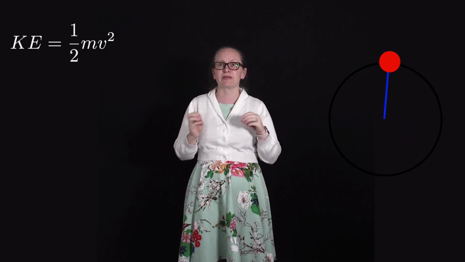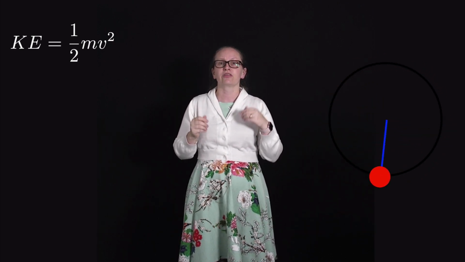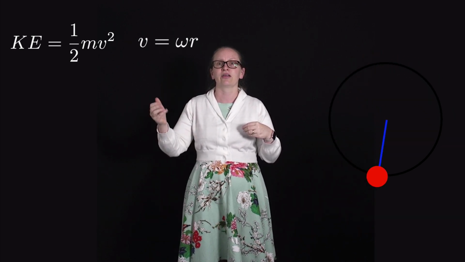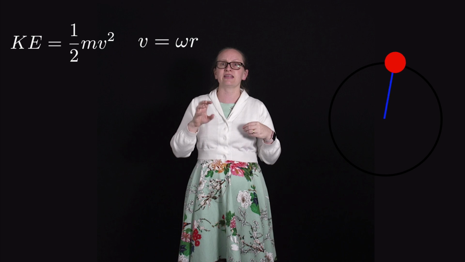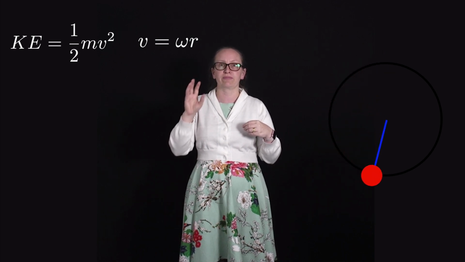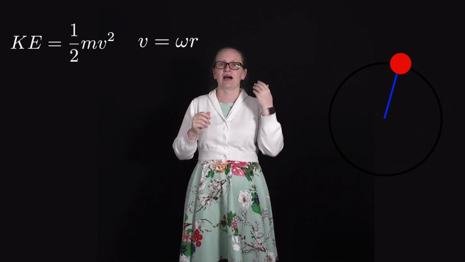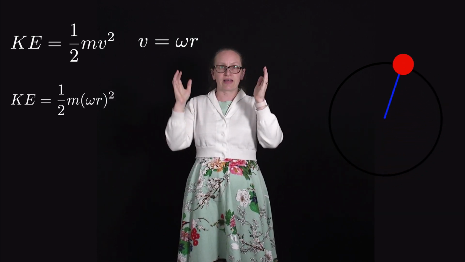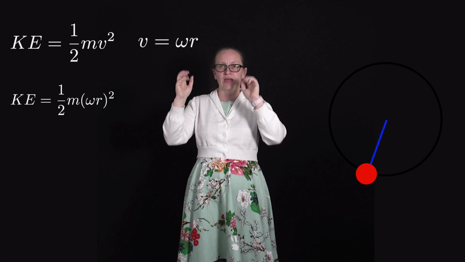Now in this case, because it's moving around the circle, the speed, the velocity, is given by omega r. So we can substitute that into our equation in place of v. So we've now got that our kinetic energy is equal to a half m and then omega r all squared.